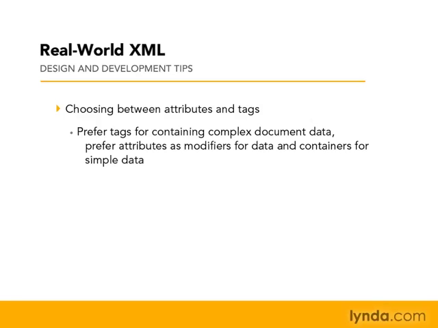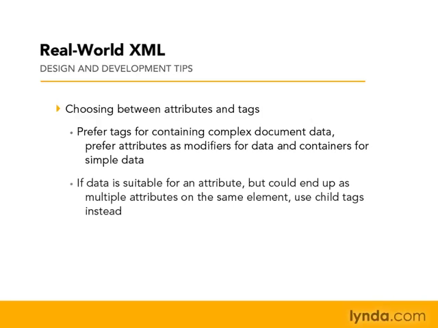And you should use attributes as modifiers for data or containers for simple data. Now, another guiding principle that you should follow on top of that is, if data is suitable for an attribute, but it could end up as multiple attributes on the same element, then you should probably use child tags instead.